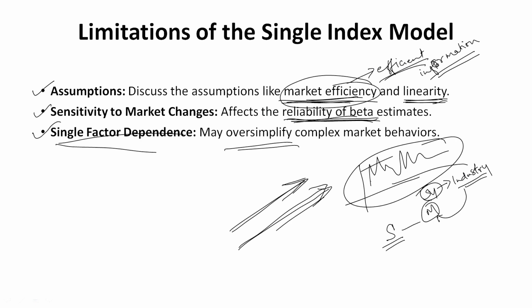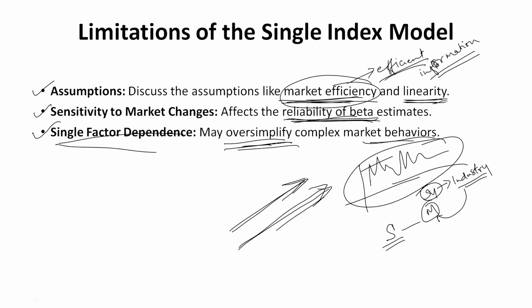The third drawback is that it is a single factor dependence. So you are trying to oversimplify the market behavior, even within the parameters we have considered, where I am talking about beta, which includes all systematic risk into the picture, and epsilon, which talks about all the unsystematic risk which is prevailing.